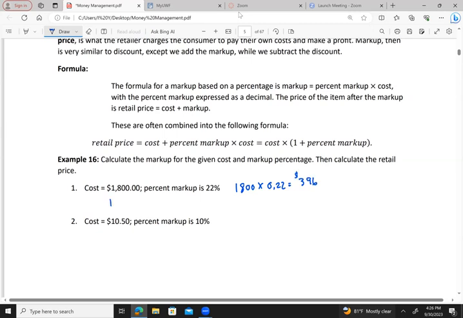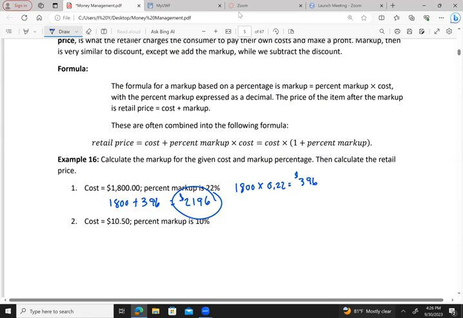Adding that to our original price equals $2,196, our marked up price.